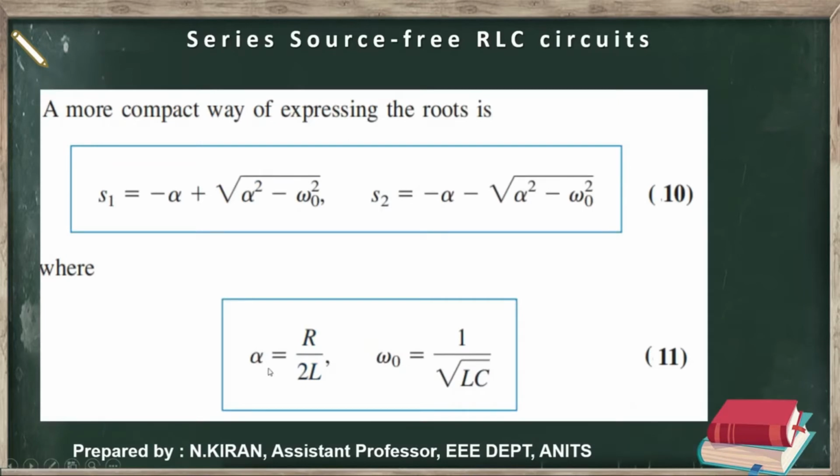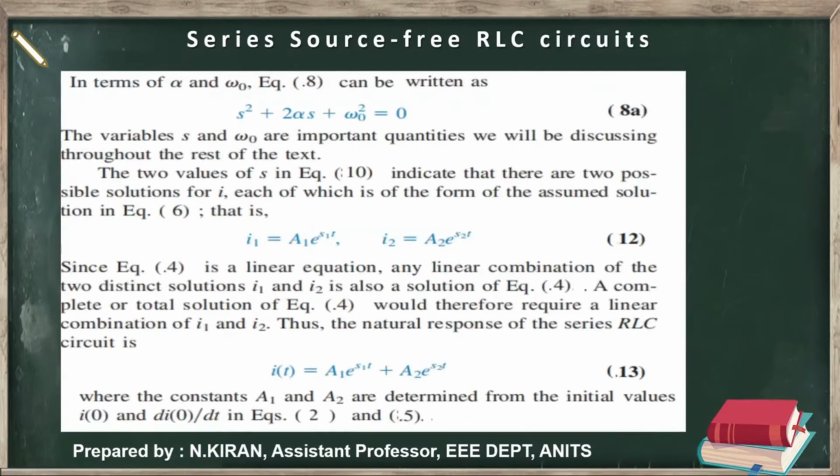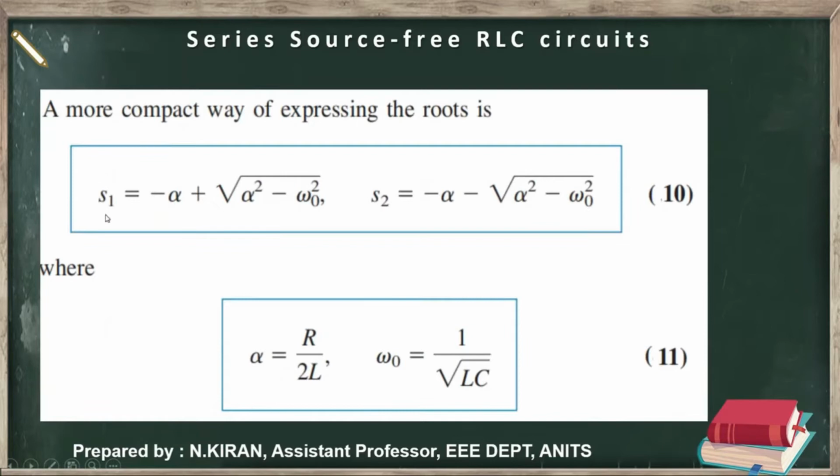Let us consider alpha to be R by 2L and omega naught to be 1 by root LC. In such a case the above expression can be written as equation 10, that is S1, S2 is equal to minus alpha plus or minus square root of alpha square minus omega naught square.